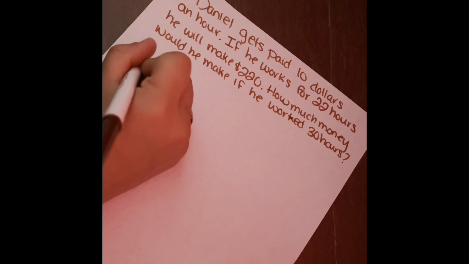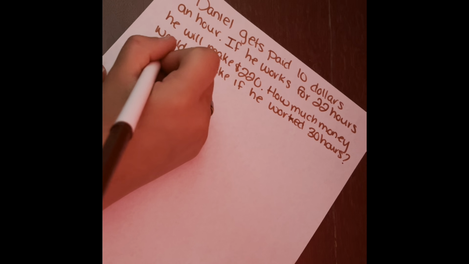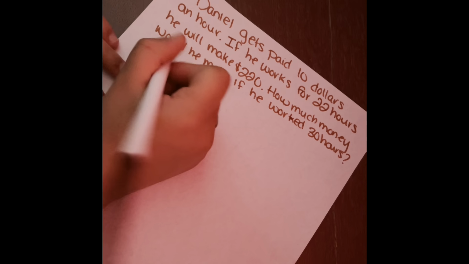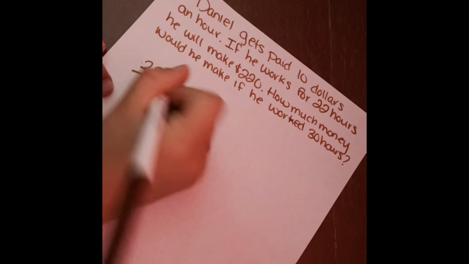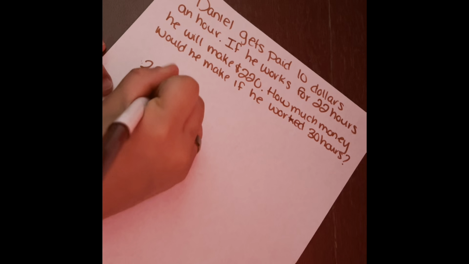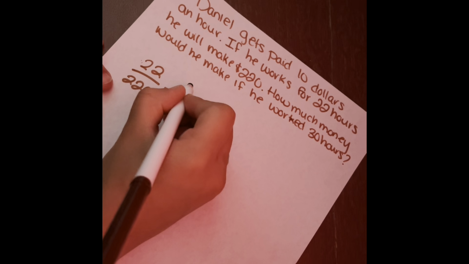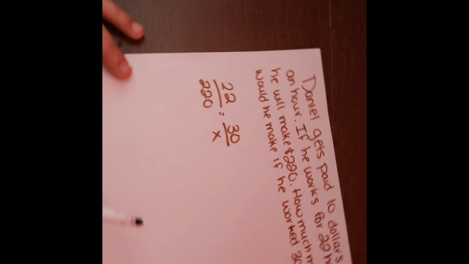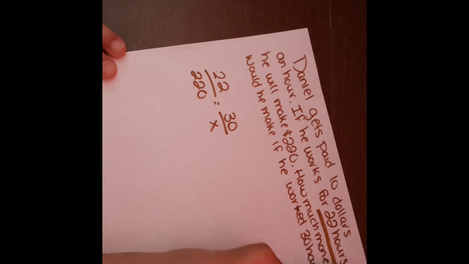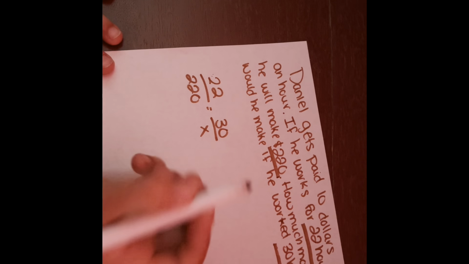So for here, the way you would write this equation would be 22 over 220 is equal to 30 over x. So we took this information, 22 hours, 220, and they want to know how much money he would make in 30 hours.